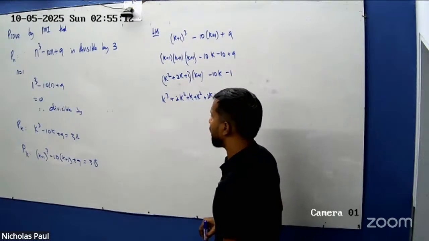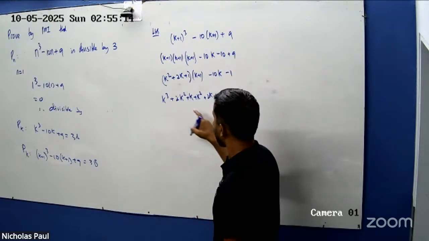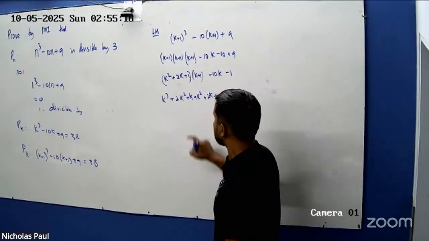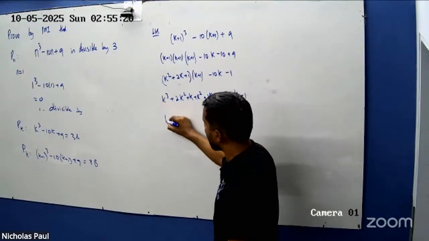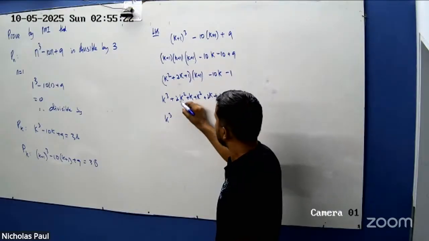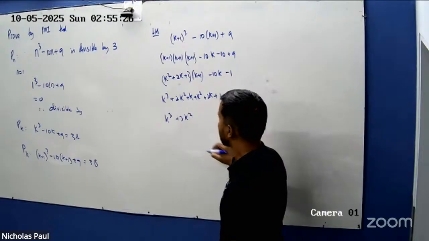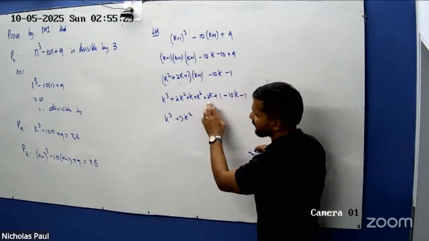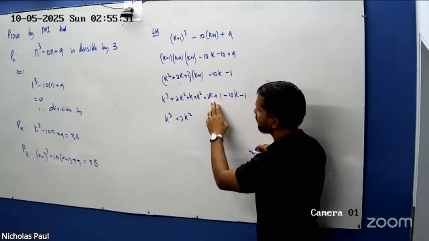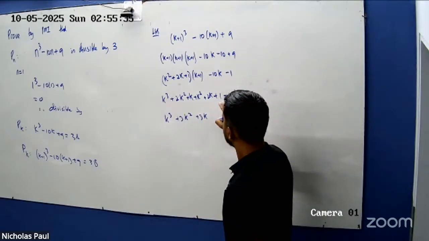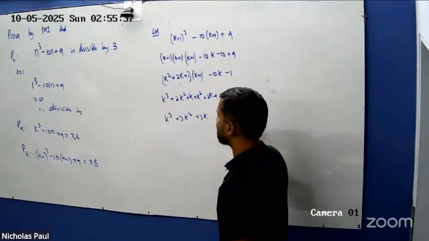So we're not going so bad as yet. What's the next step? There's only 1 k cubed. 2k squared plus 1k squared is 3k squared. K plus 2k is what? And then these ones will cancel.